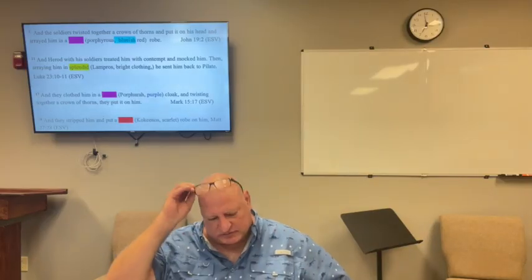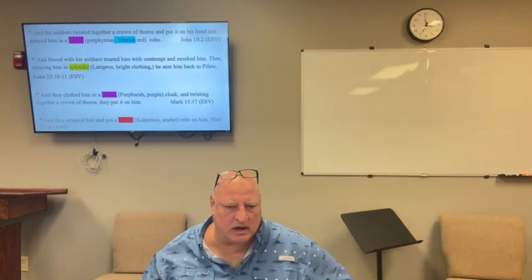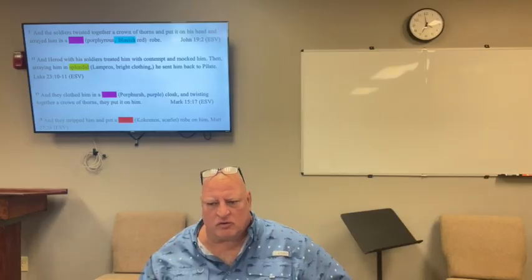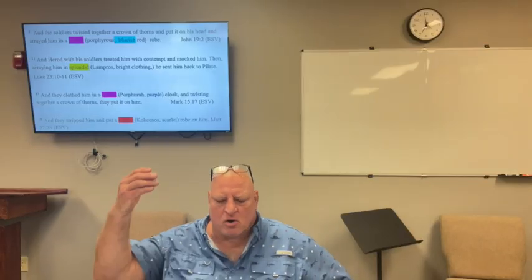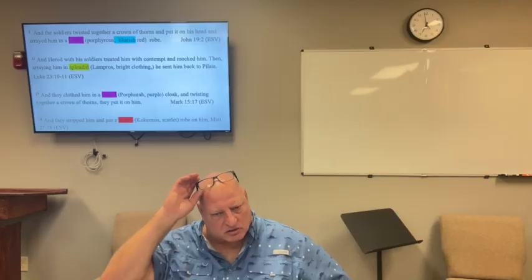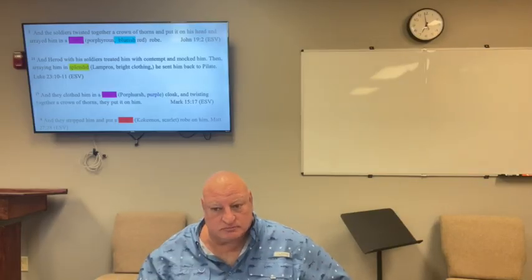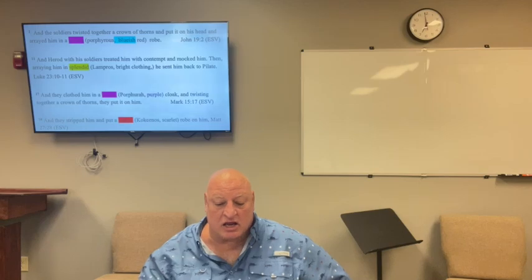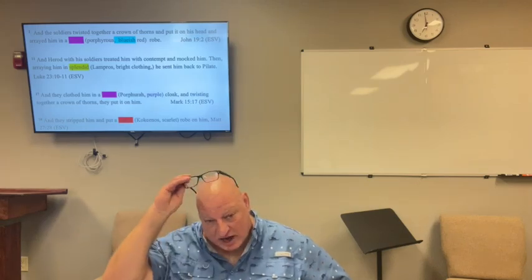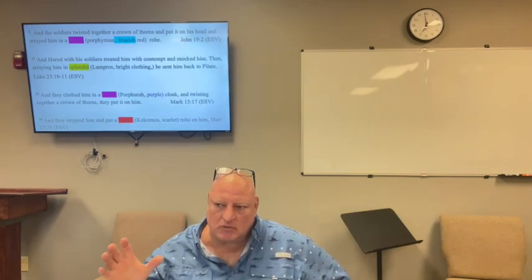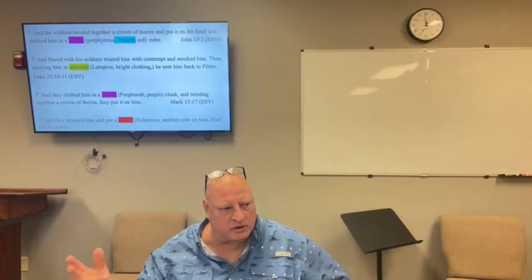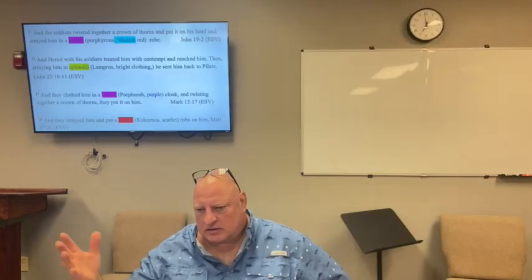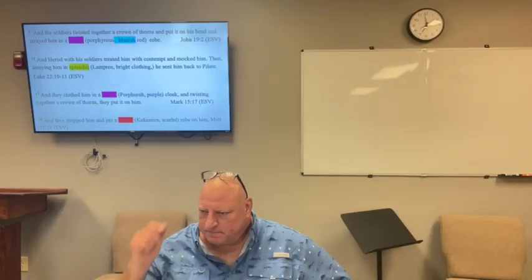You'll have a skeptic say, see, they don't even know what they're talking about. White, purple, blue, red, they're all different colors. They're all being portrayed in Christ's garments. And each one of these characters is portraying Christ in a different light also. King, priest, man, and servant, Savior.